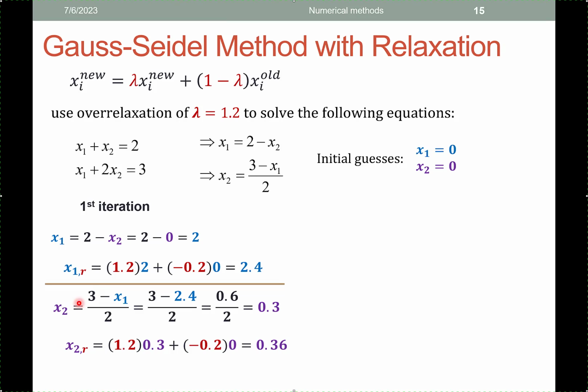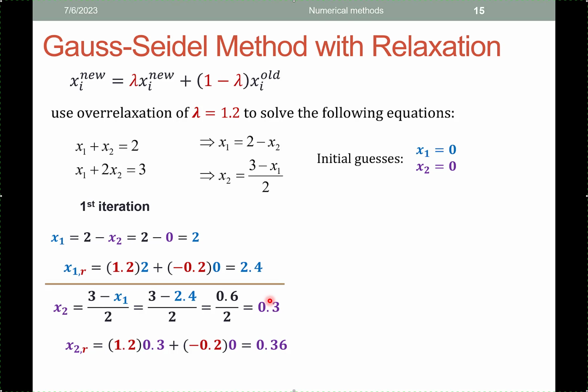Then we would go to solving for x2. And in this case, we would use the updated x1, which includes relaxation. So 3 minus 2.4, which we got from here, divided by 2 will give us 0.3. Now we apply this equation here of over-relaxation on this value, and we end up with a value of 0.36.